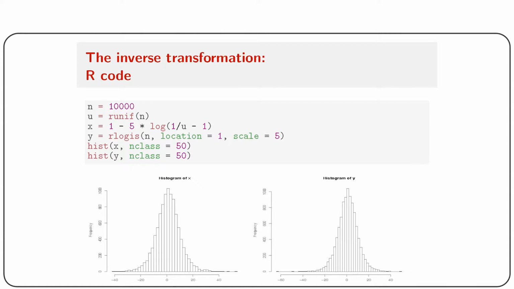This y is generated based on the inbuilt R function, and x is what we generated based on the inverse transformation method. Here I am plotting the two series as two histograms to compare whether they are the same or not. Seeing the histograms, it seems they are almost the same.